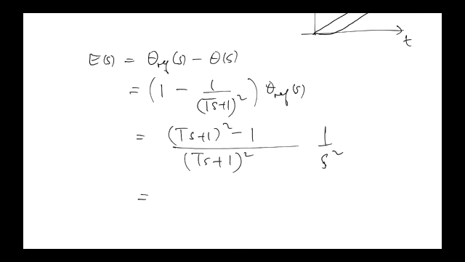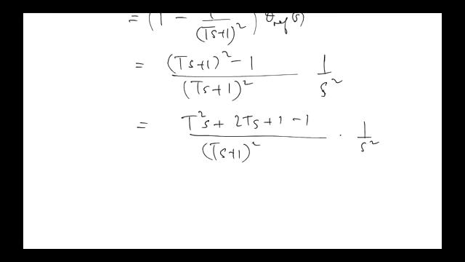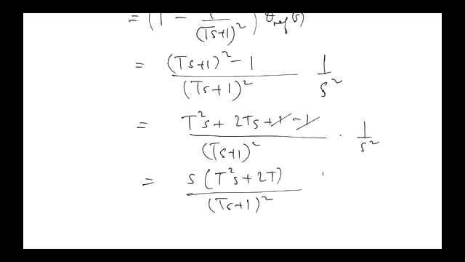So let's just expand out the top. We get t squared s squared plus 2ts plus 1 minus 1 divided by ts plus 1 squared times 1 on s squared. Okay, and so these cancel each other out, and we're left with t squared s plus 2t on ts plus 1 squared times 1 on s squared.